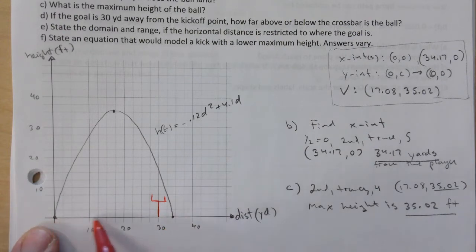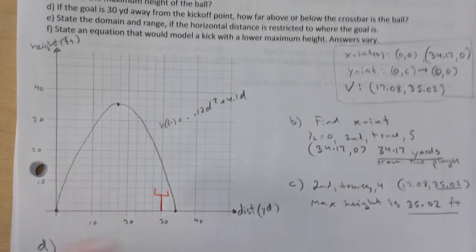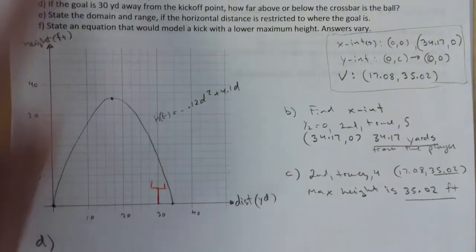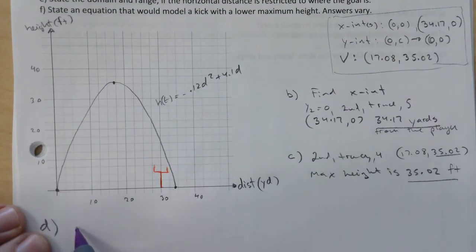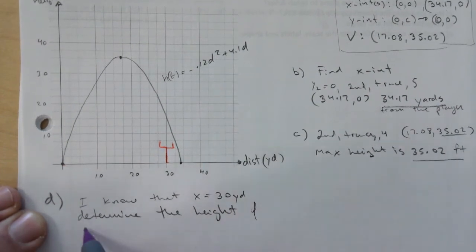So I know what the x value is of the ball. It's supposed to be 30 yards, but now I need to find the y value, the height. So what I'm going to do is say, I know that x is supposed to be 30 yards, okay? Determine the height of the ball at that distance.